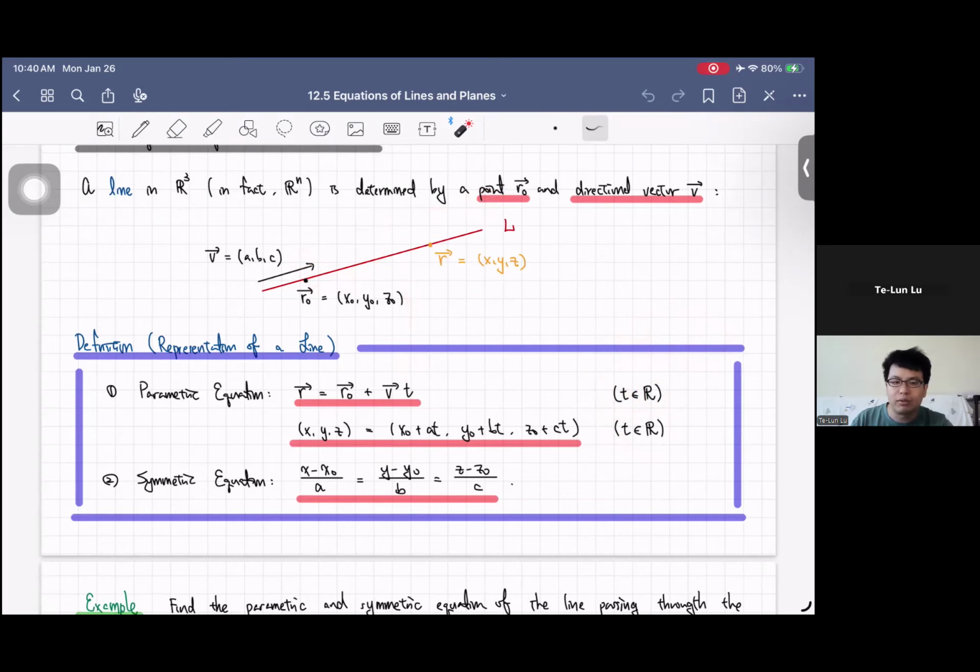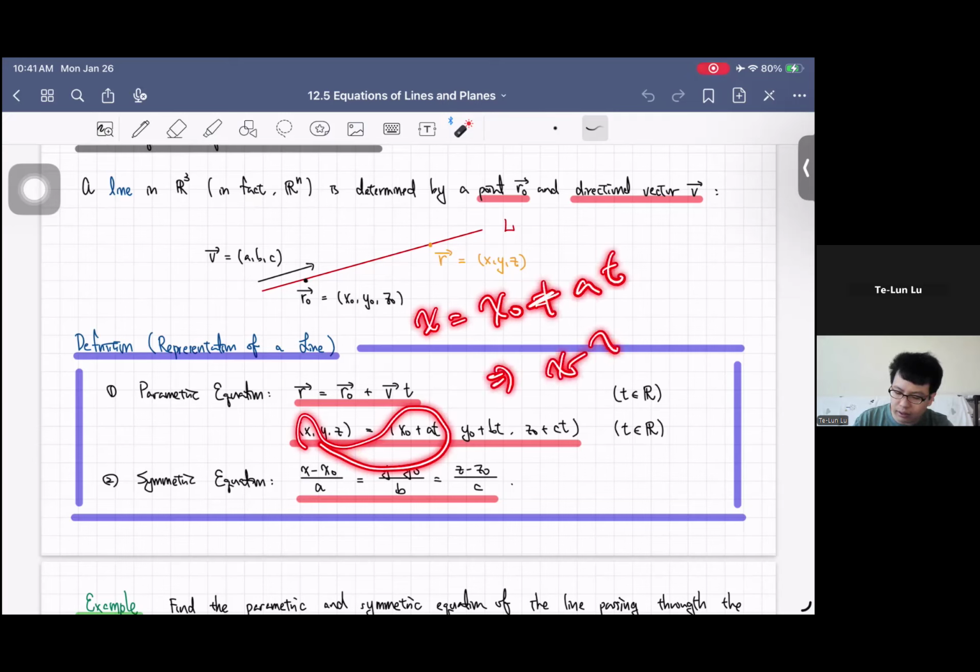Another way to represent this in a cleaner format without a t is called the symmetric equation. Basically, this is just solving for the parameter. What do I mean? If I solve for t here, you will get x equal to x naught plus at. So x minus x naught is at. So t is equal to x minus x naught divided by a, right?